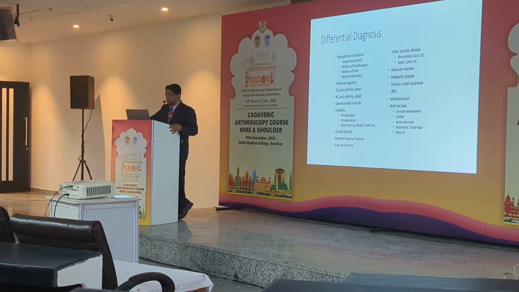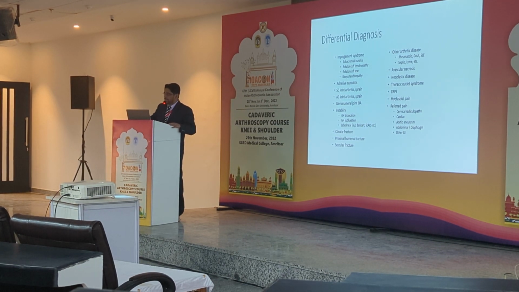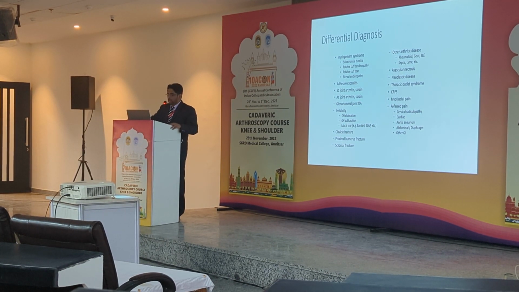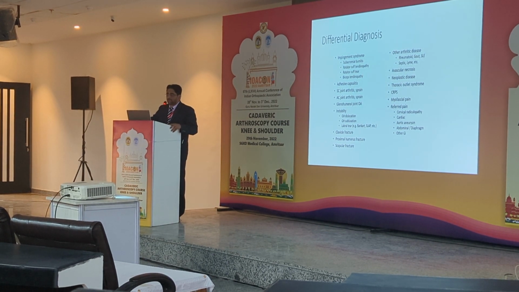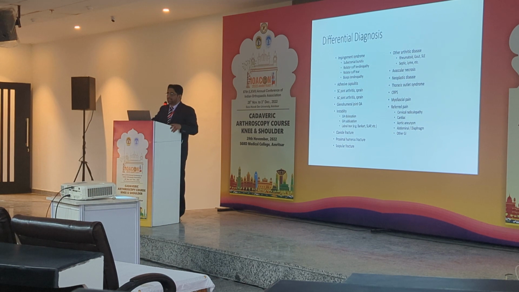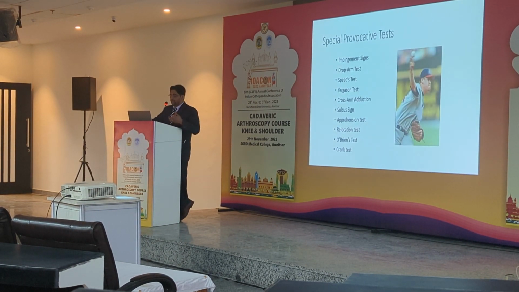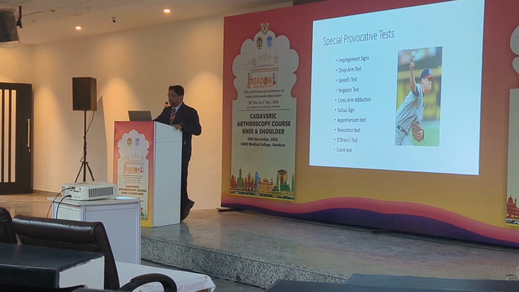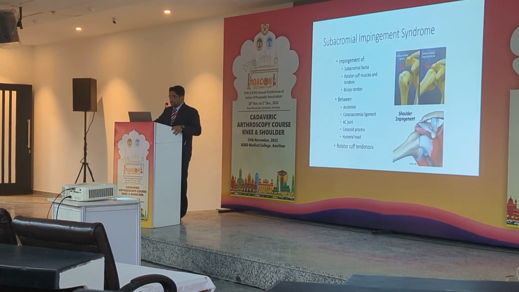Once we are done with all this, then we have this dilemma that whether it is an impingement syndrome, or is it a frozen shoulder, or is it a rotator cuff tear, or is it instability. For these various special tests are mentioned, and I'll show you demonstration of each test.